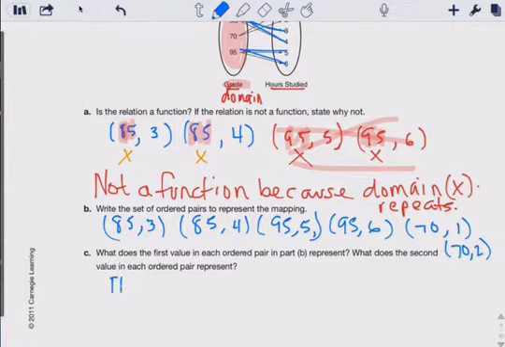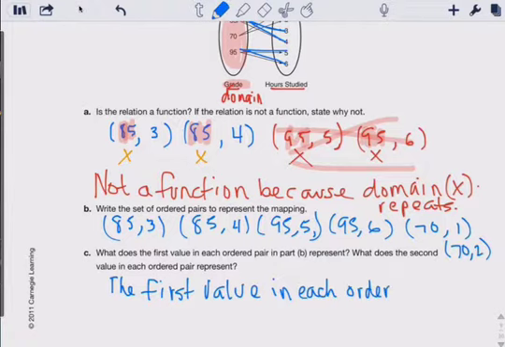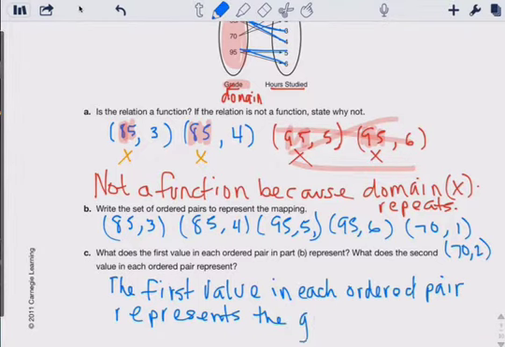The first value, which is the domain, in each ordered pair represents the grade on the history test.